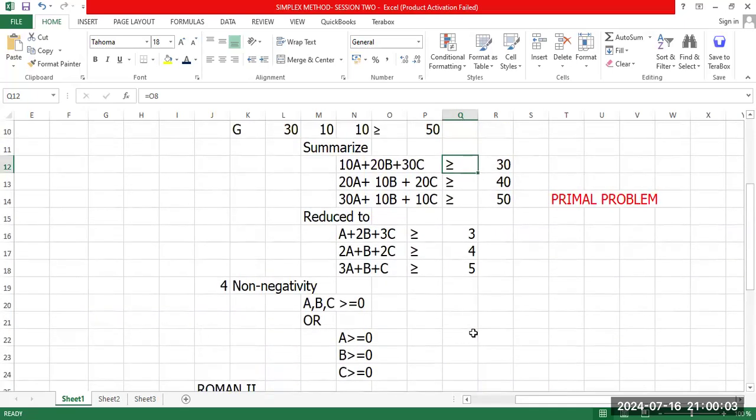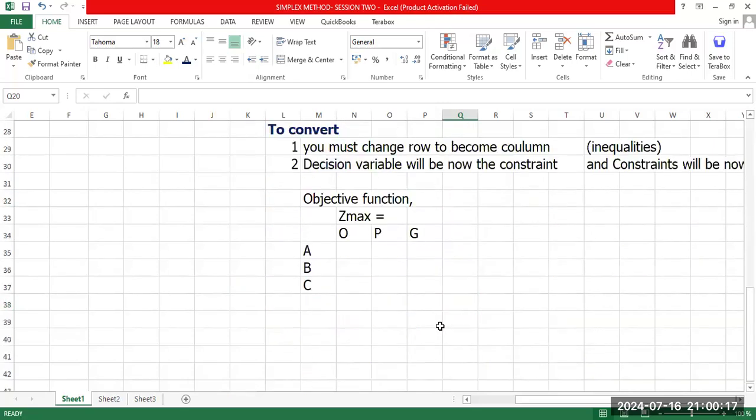If it is minimization, your inequalities are always like this. But with simplex, we tend to solve maximization problems. Most of the time, we don't solve minimization using simplex.